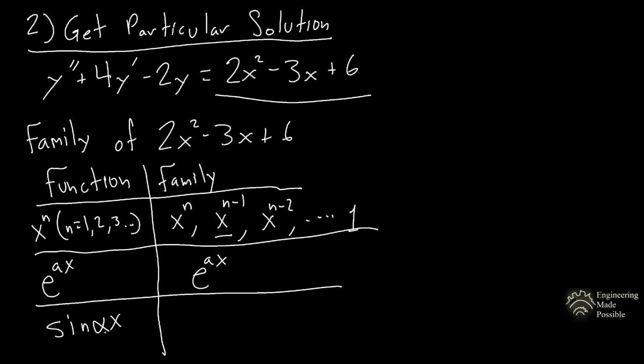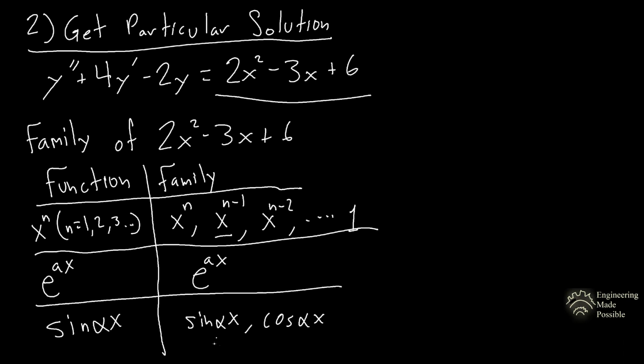So how about this function? If we have sine alpha x, well, the first family would be obvious, right? Sine alpha x. If we get the derivative, it'll be cosine alpha x. But what if we get the derivative of cosine alpha x? Of course, it'll be negative sine alpha x.